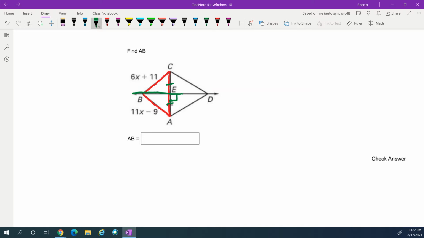So since B is on the perpendicular bisector, it is equal distance to C and A. So 6x plus 11 equals 11x minus 9. And we can solve for x from there. We were asked for AB, so 11 times 4 minus 9, and we get 35.